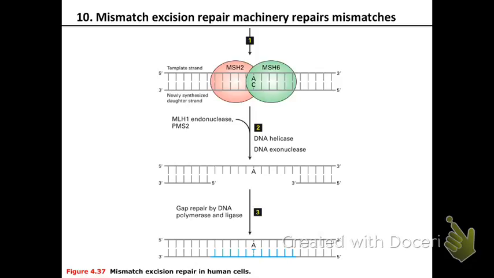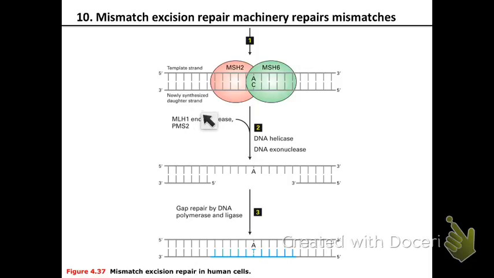Due to this ability to recognize the newly synthesized daughter strand, the mismatch repair enzymes recognize the mismatch, and they bring an MLH1 endonuclease and another endonuclease called PMS2.